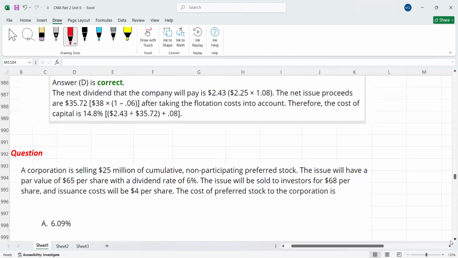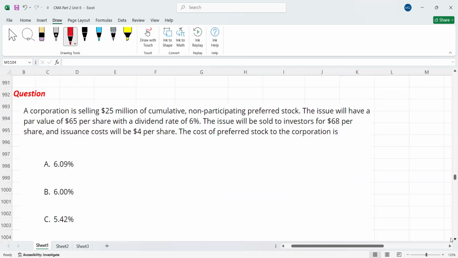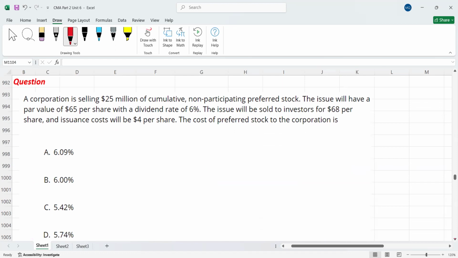Then we have another question on your screen now. Next question. A corporation is selling 25 million of cumulative non-participating preferred stock. It's a preferred stock.